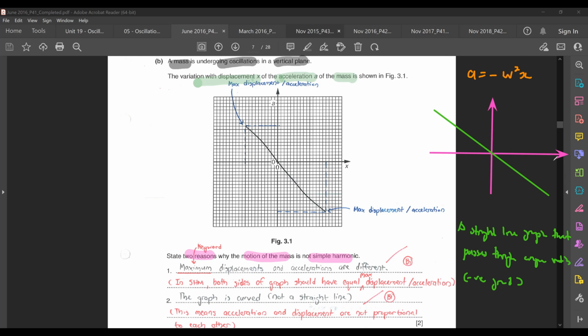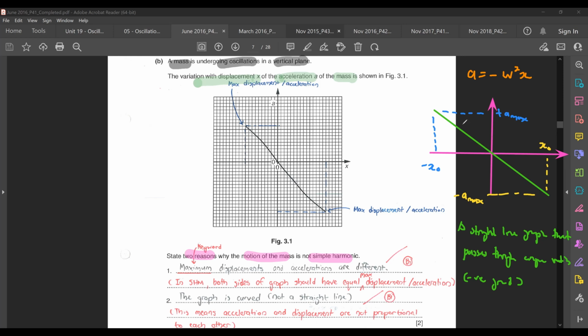And another thing to note also is that your graph should be somewhat symmetrical. What we mean by that is that if this one is, say, x naught, this one will be negative a max. And then if this one is negative x naught, negative amplitude, this one will be positive a max.